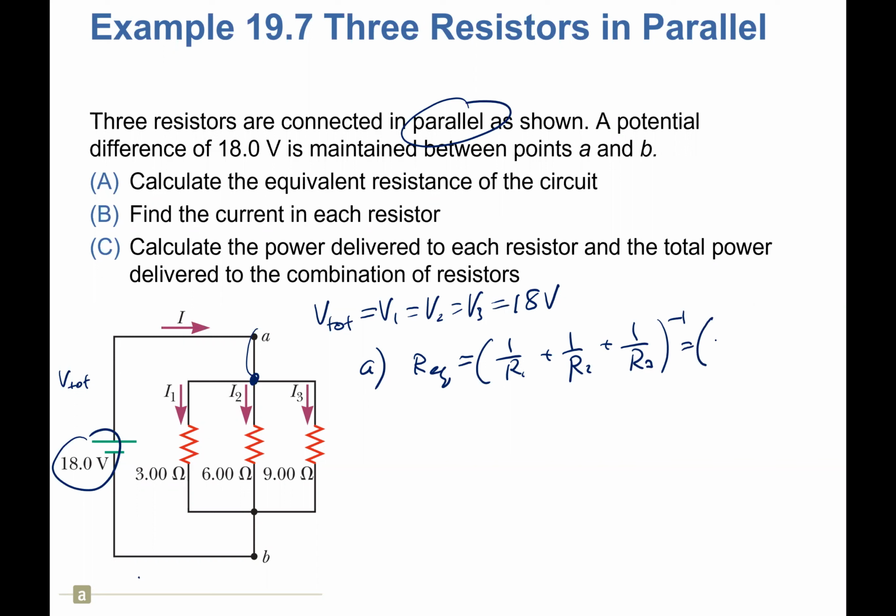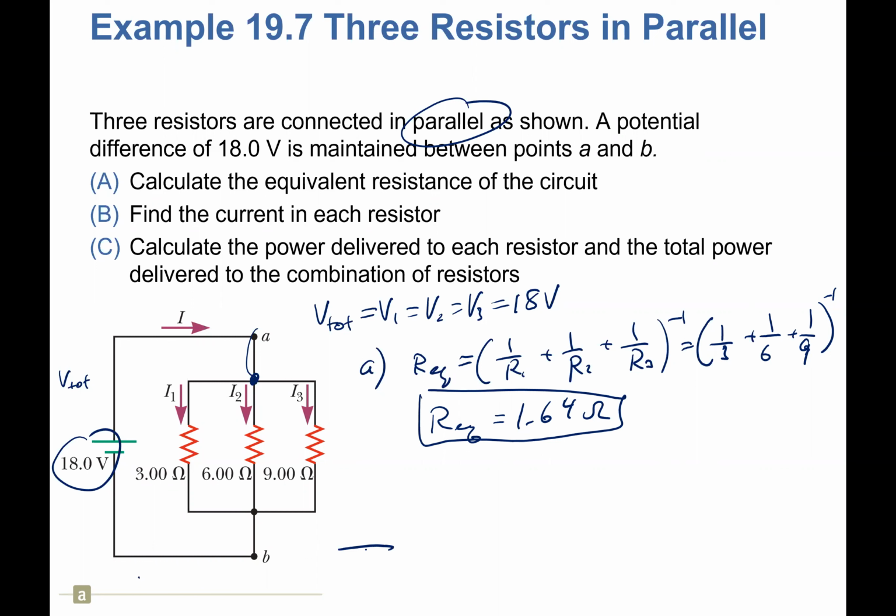So this is 1 over 3 plus 1 over 6 plus 1 over 9, to the -1, and we're going to get R equivalent of 1.64 ohms. That means in a way I can combine this to be just one resistor of 1.64 ohms connected across an 18 volt battery.